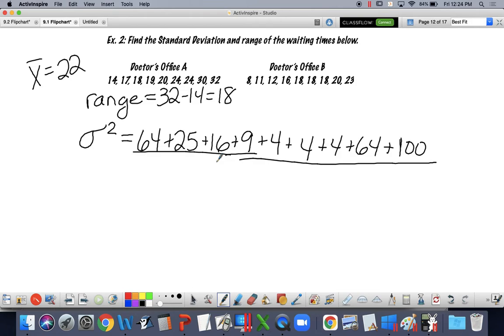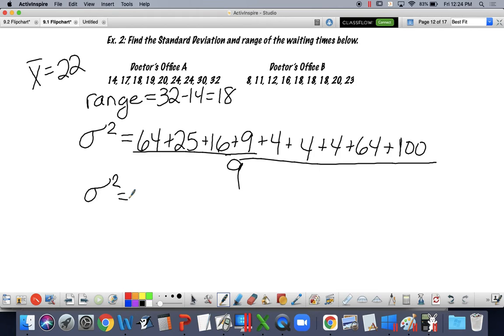That's in my numerator. And my denominator is how many data points? Thank you. So we're going to add all that up, get my numerator, and then divide by 9. And that will be my variance, or my sigma squared.